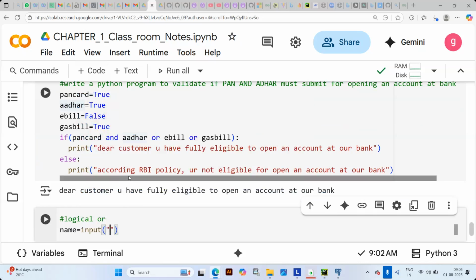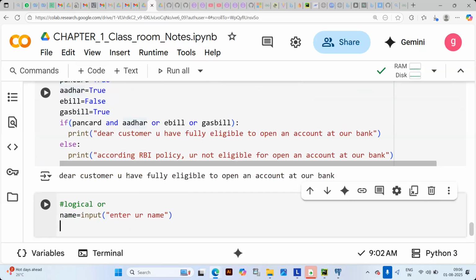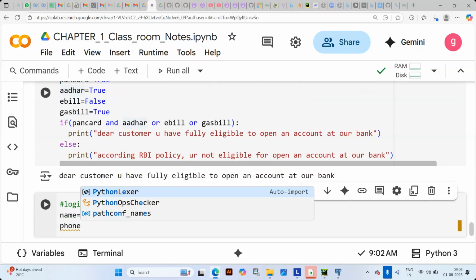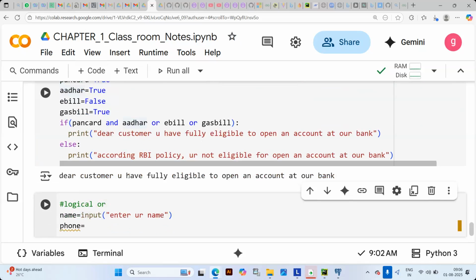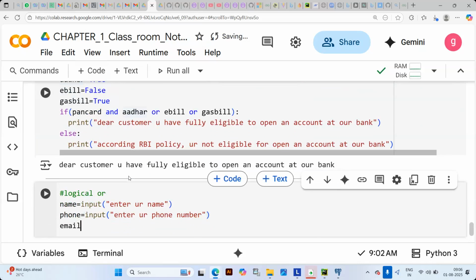Input: Enter your name. And the phone number is essential. The phone number also has to be entered. Enter your phone number. And the email ID is also going to be entered. Enter your valid email ID.